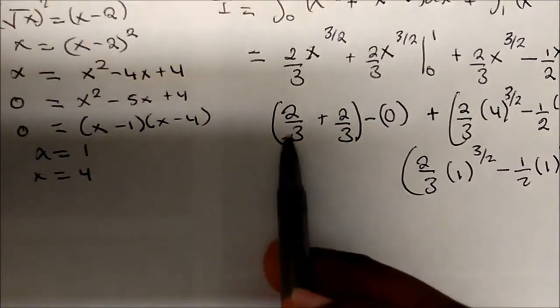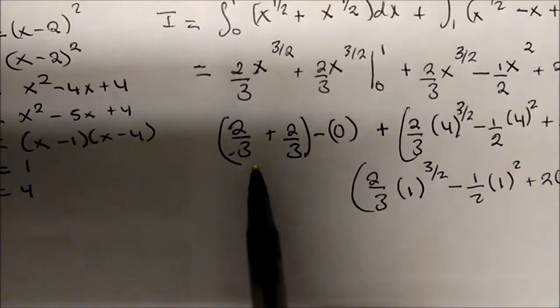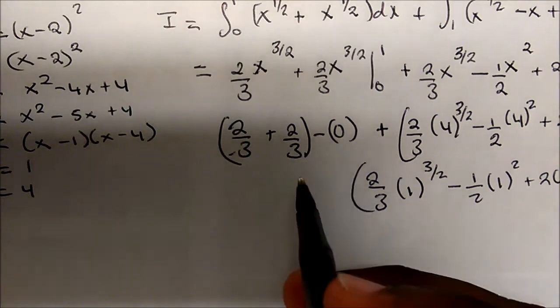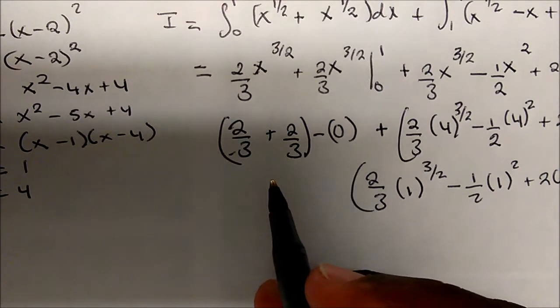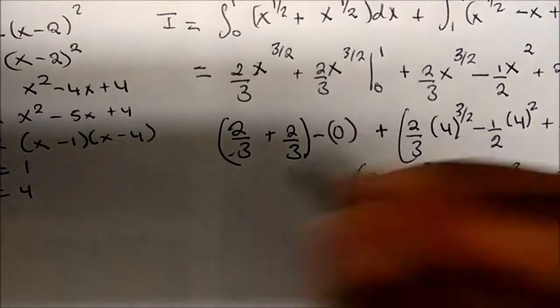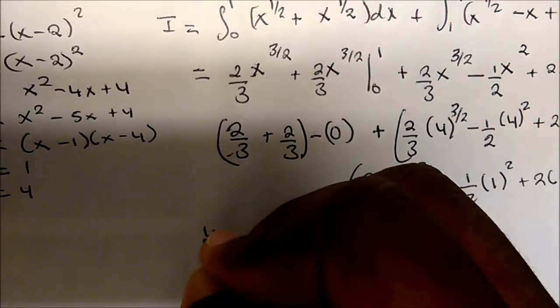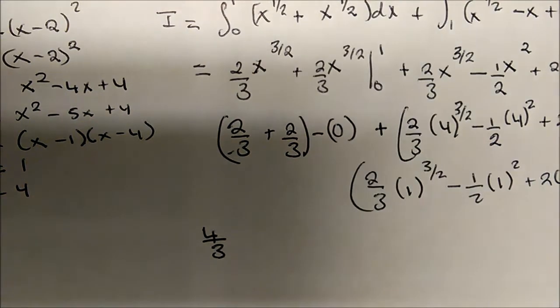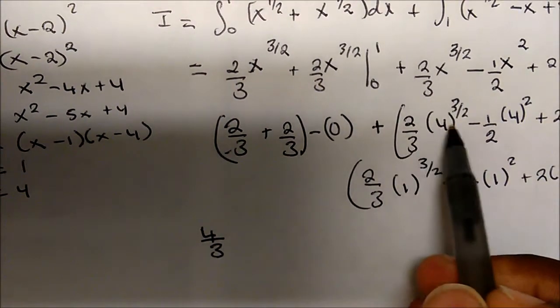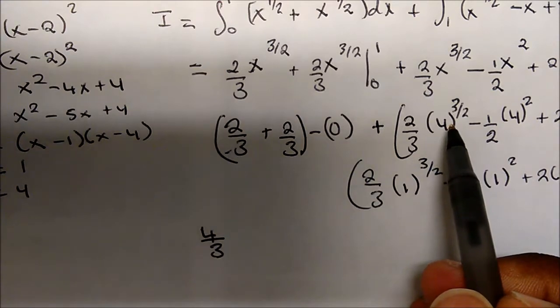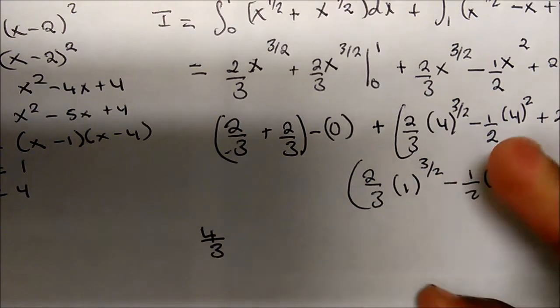Now you could see, let's put everything all together. 2 over 3 plus 2 over 3 is just 4 over 3. So we have 4 over 3 here, right? Now, the square root of 4 cubed is just 8.